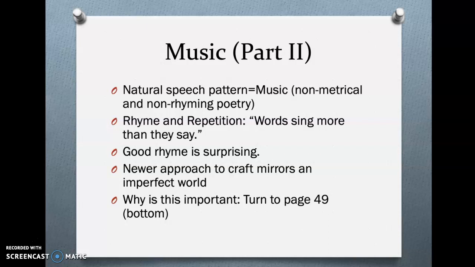Words sing more than they say sometimes, right? They have this musicality to them. They might not be saying a lot, but they're adding to the music of the poem. One of the things for me as a writer, it has to sound right.